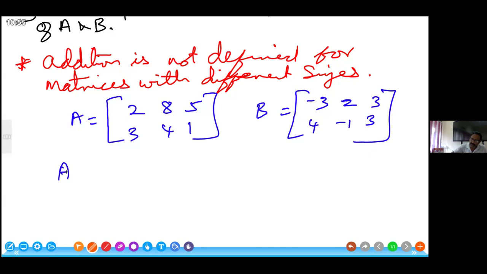If you add these two matrices, you simply add the corresponding elements.